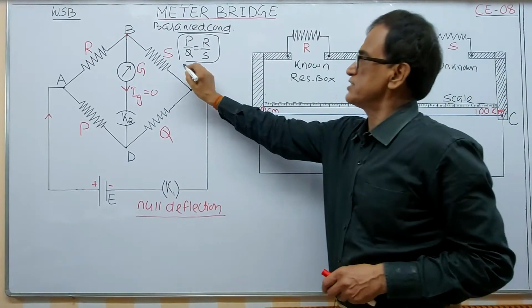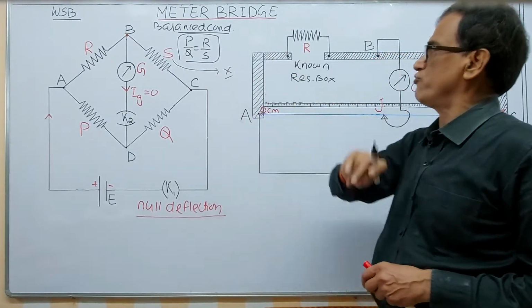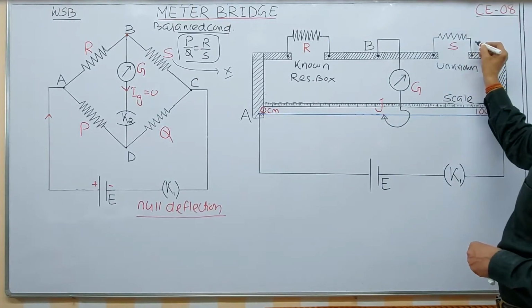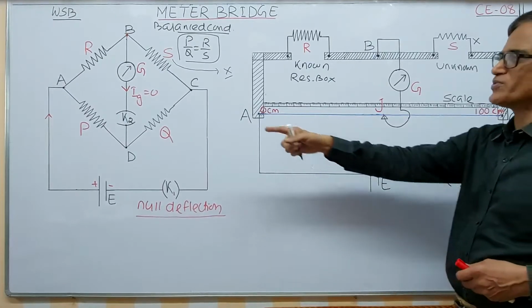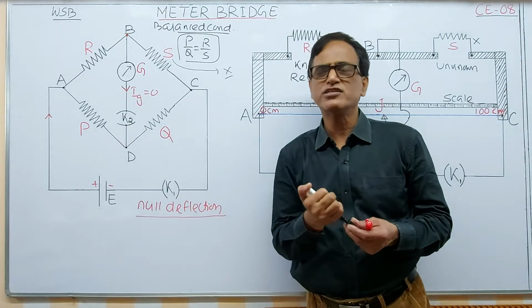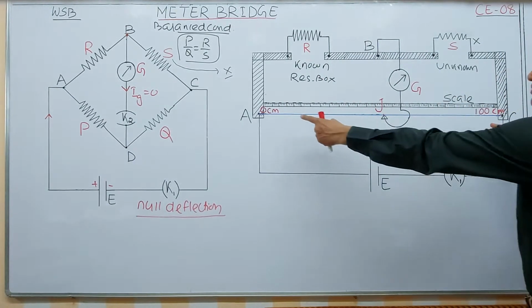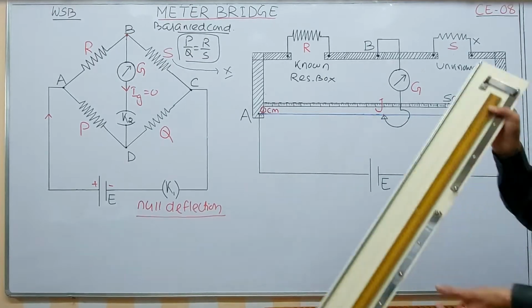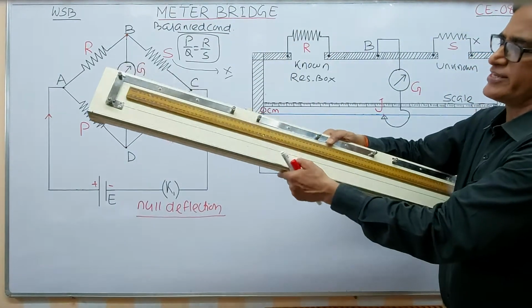Now S in this case will be taken as X, unknown, for example. So this is unknown, so this is X. Now where are the other two resistances? How will the resistance be obtained from this wire? The wire has a certain resistance. This wire, and we will connect it.